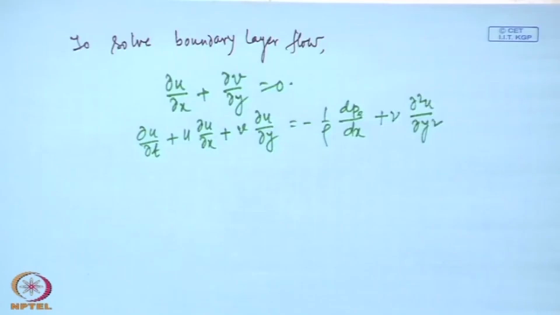What are the boundary conditions? We have the no slip boundary condition on the wall, which is u equal to 0, v equal to 0 at y equal to 0, for all x, for all t.